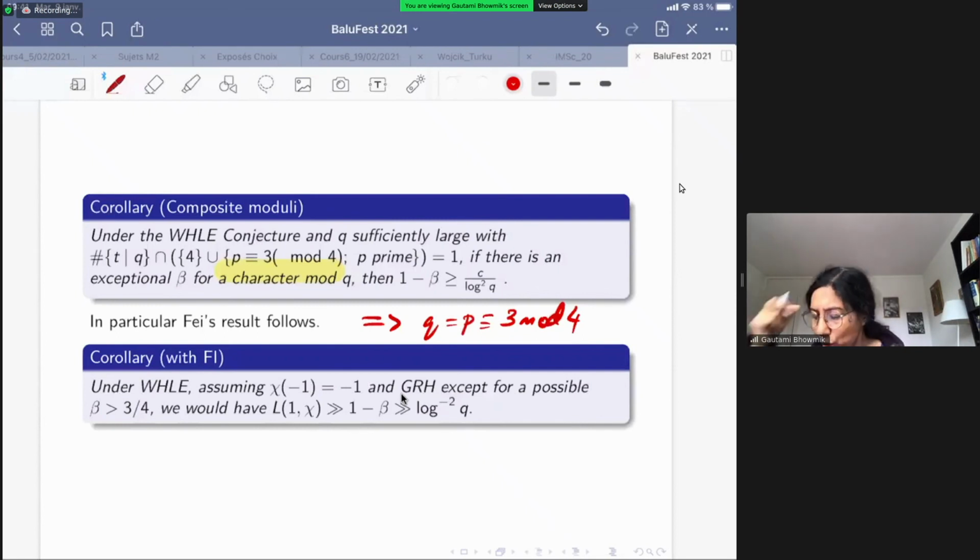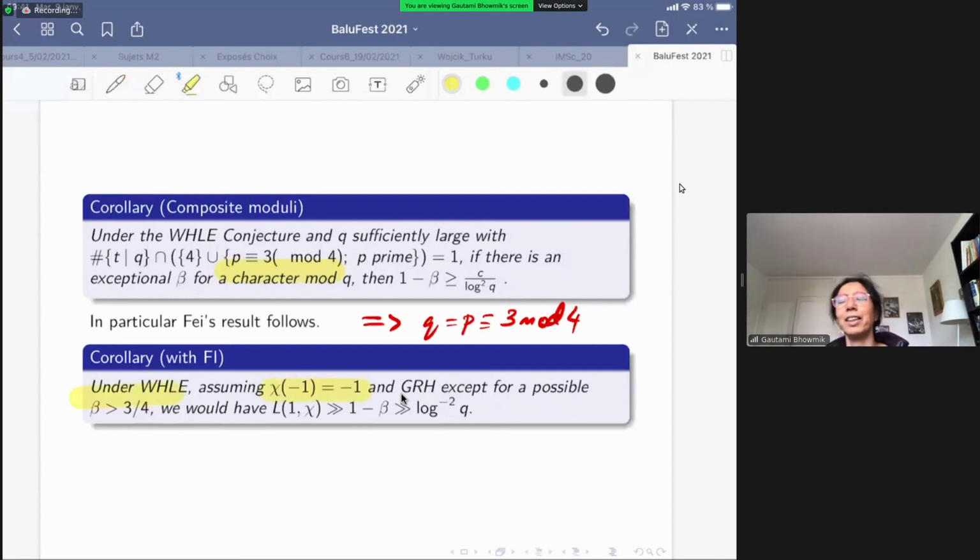So if we assume the weak Hardy-Littlewood conjecture, if we assume an exception, so many assumptions are there. So you use the Hardy-Littlewood conjecture in weakened form. You use the condition chi of minus 1 is minus 1.